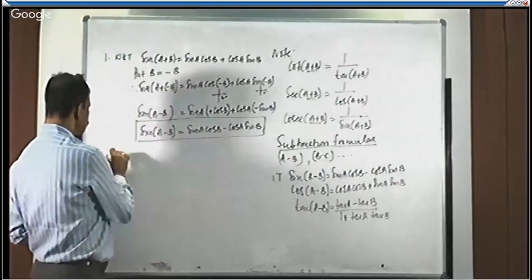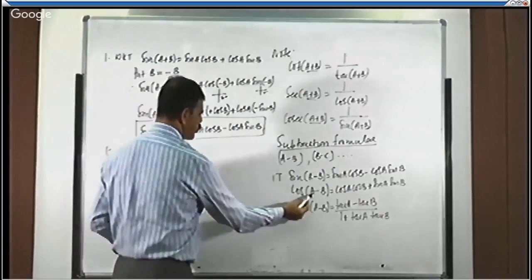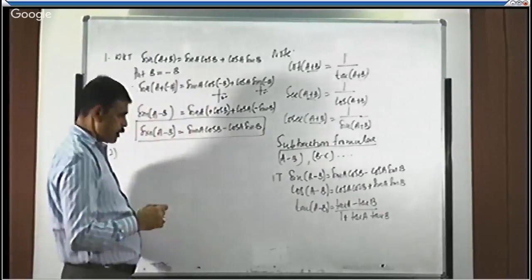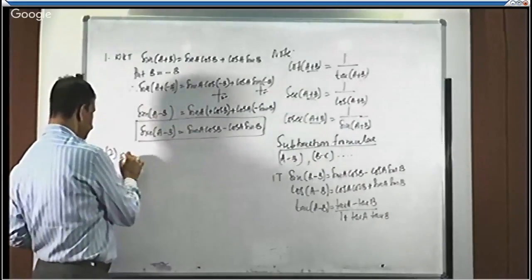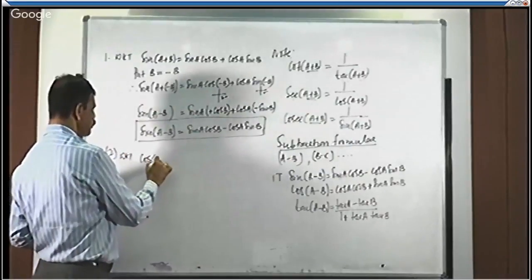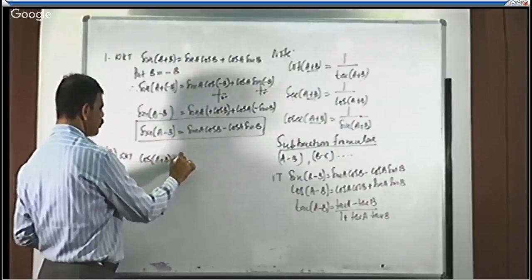To prove the second one, cos of A minus B is equal to cos A cos B minus plus sin A sin B. Here also we know the cos A plus B formula. What is cos A plus B?